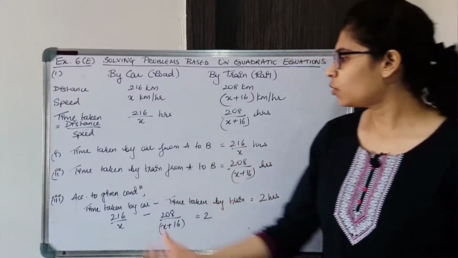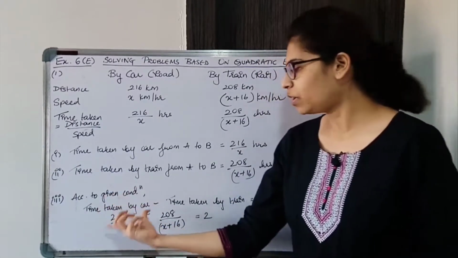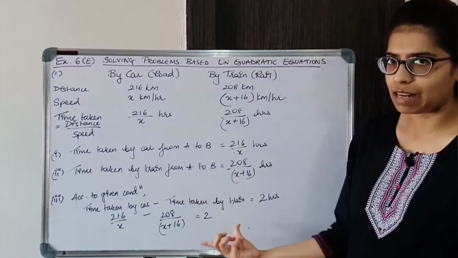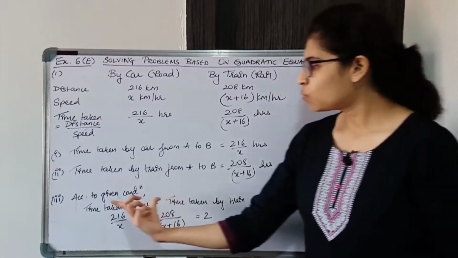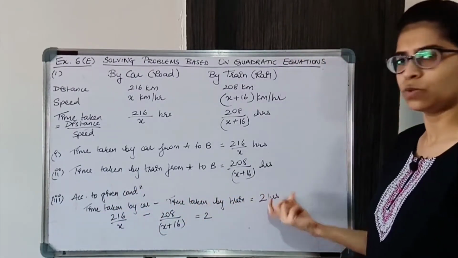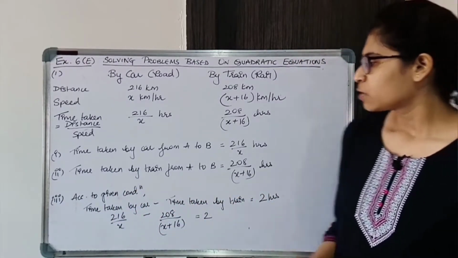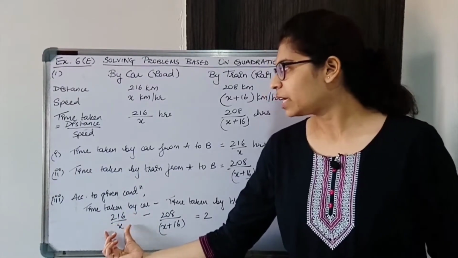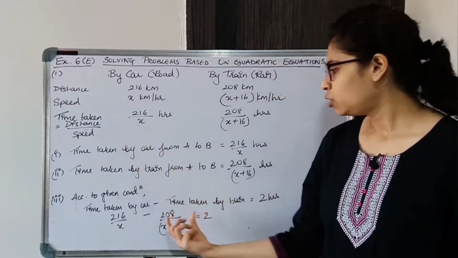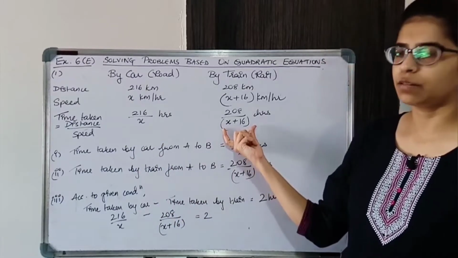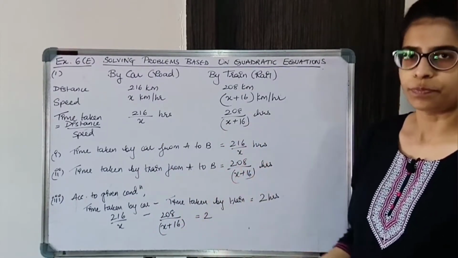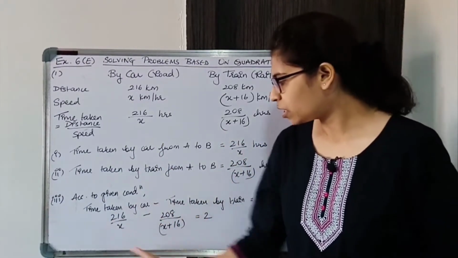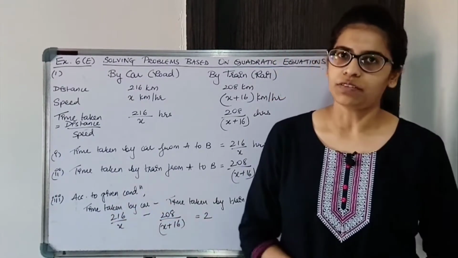Okay, so time taken by the car is basically more, time taken by the train is less. All right, so more minus less is equal to that number. So 216 upon x is the time taken by the car, 208 upon x plus 16 is the time taken by the train is equal to 2. All right, so now we got the equation, let us solve this.